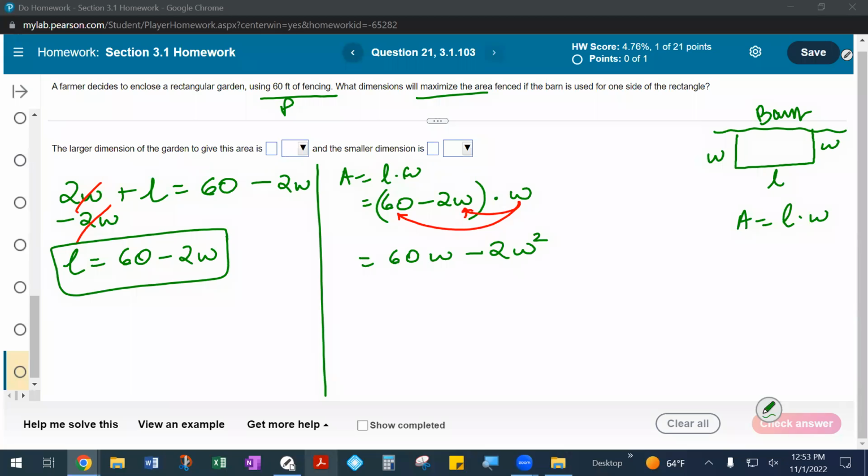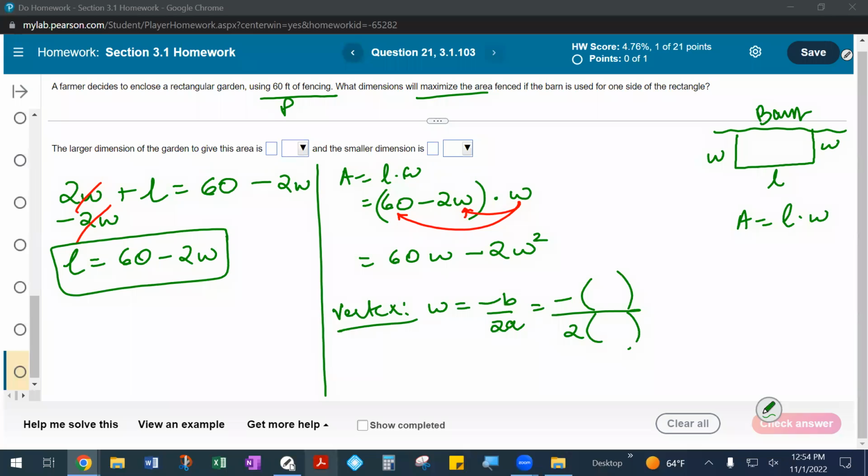So when you're maximizing the area, which characteristic do we need? The vertex, very nice. Do we know what that formula for finding the x value in the vertex is? Very nice, negative b over 2a. What's the b value in this function, guys?